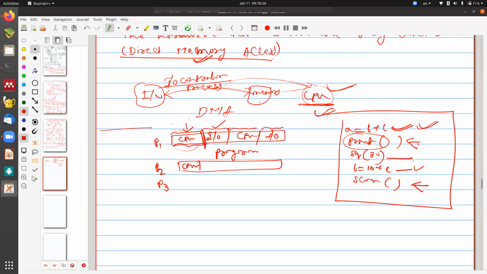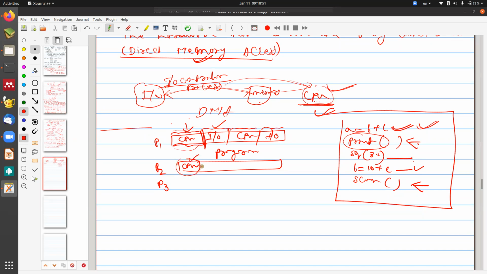Are you getting my point? Instead of keeping only one program, if multiple programs are placed inside the memory, while the current program's IO requirement comes, where the CPU does not get involved and is going to be idle, instead of this idle situation, it can execute P2's CPU job.